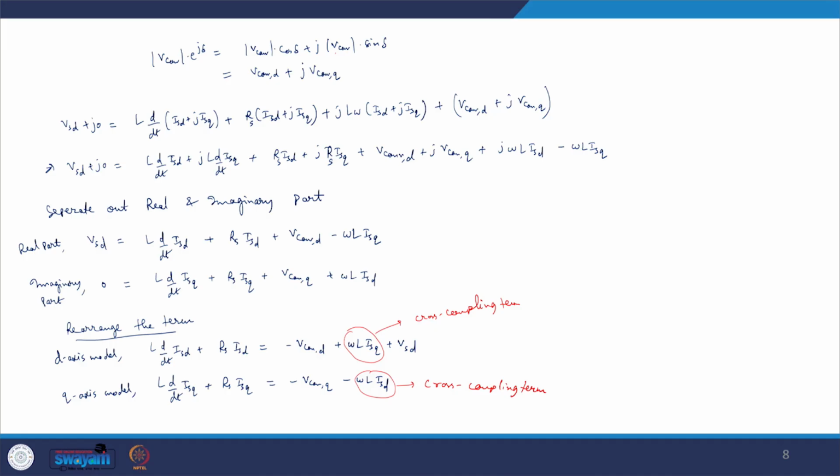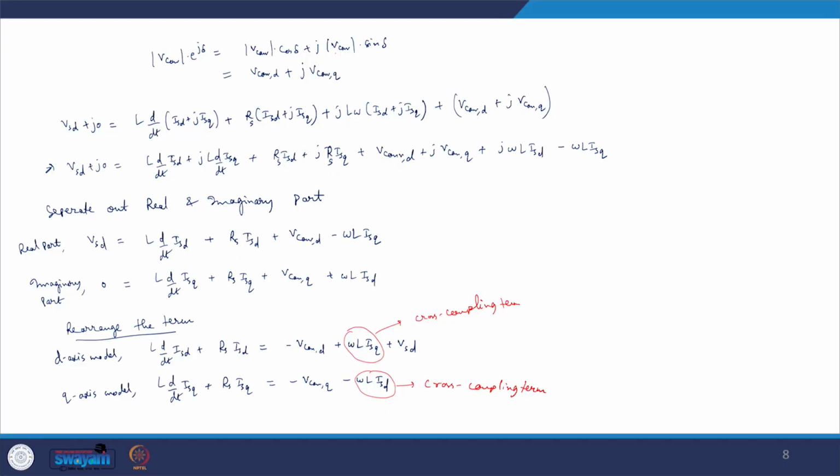We can get independent control on two currents, ISQ and ISD, and V converter D and V converter Q are actually derived from the three phase quantities. If we are controlling these two phase quantities, then accordingly my three phase quantities will be changed. The main advantage we get is that in the D and Q axis we have independent circuits, so we can control them independently.